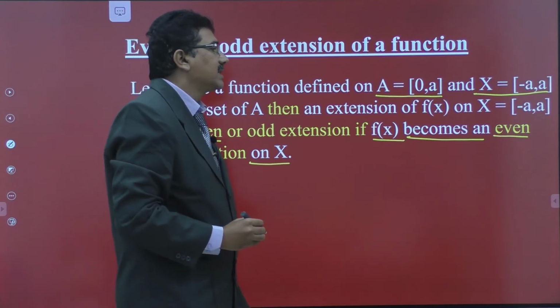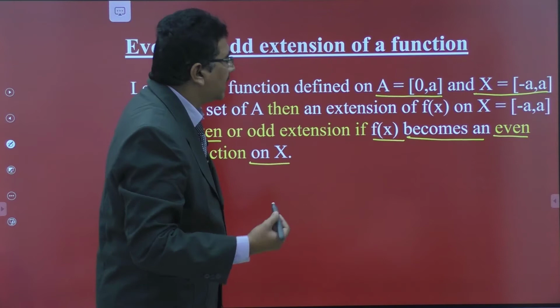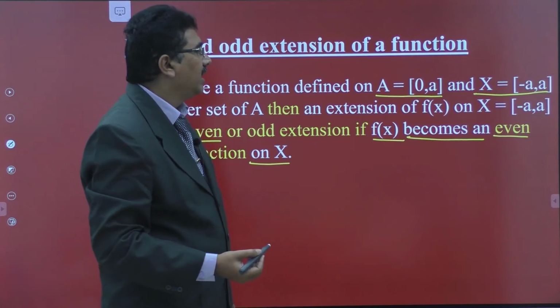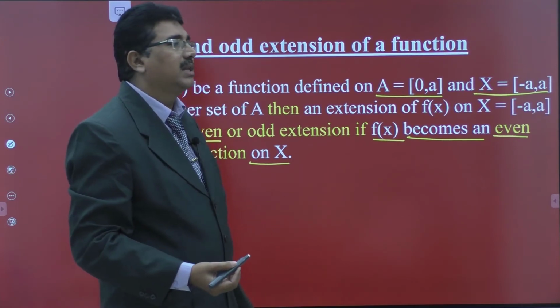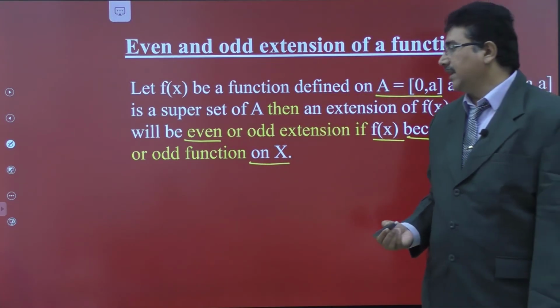If f of x is an even function, then the extension will be an even extension. Similarly, if f of x is an odd function, then the extension will be an odd extension.